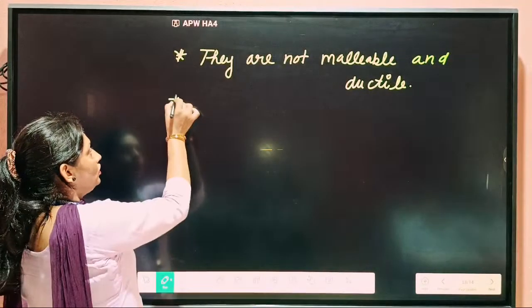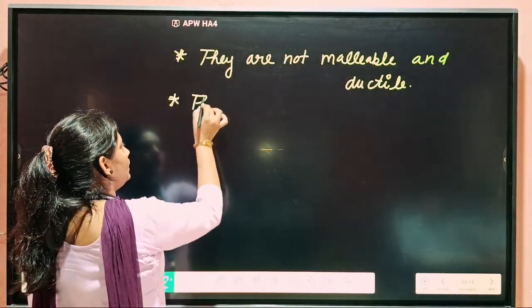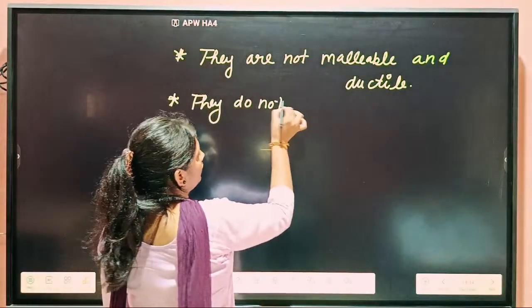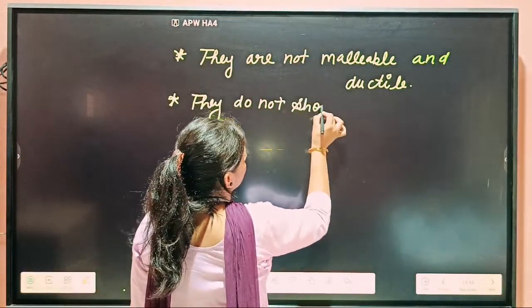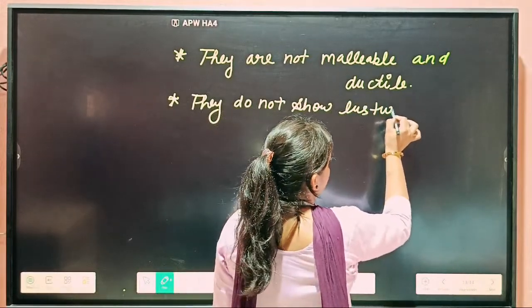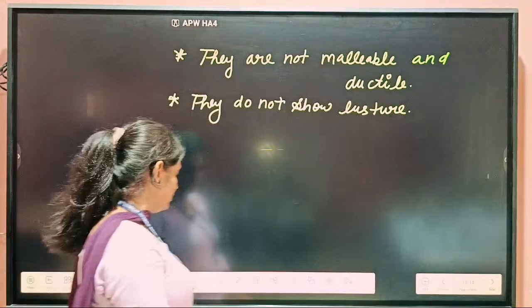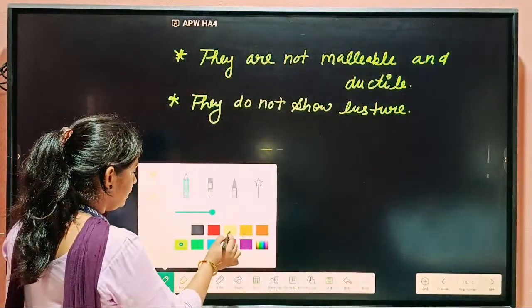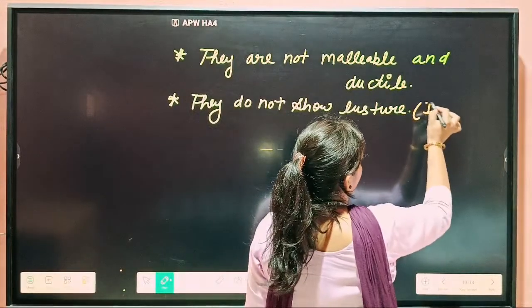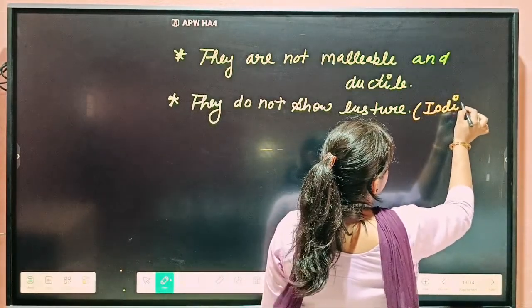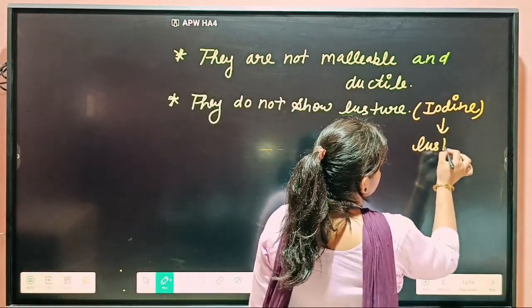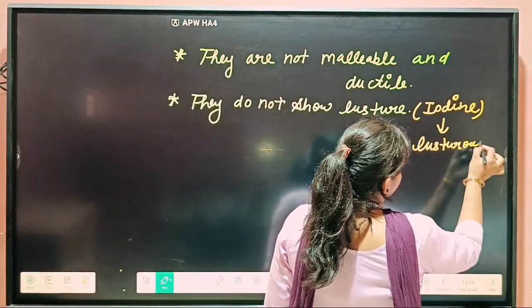They do not show luster, means they do not have a shiny surface. But again, there is an exception. Iodine is a non-metal which is lustrous in nature.